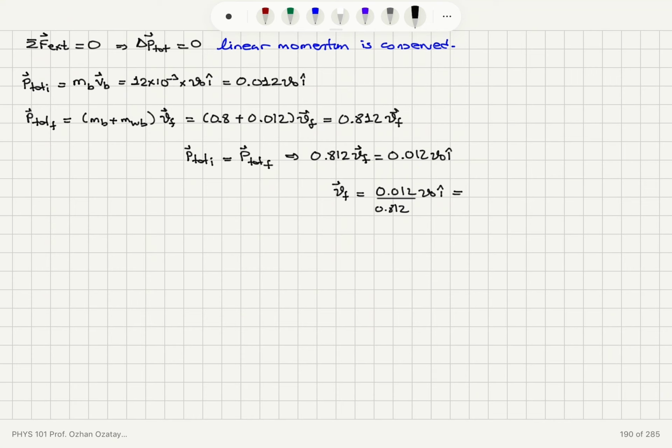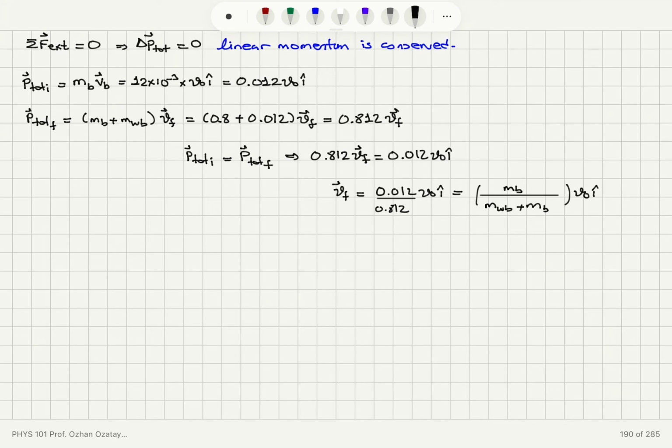So it's actually symbolically the mass of the bullet divided by the total mass, the mass of the wooden block plus the mass of the bullet, times v0 i hat. So that's the final velocity.